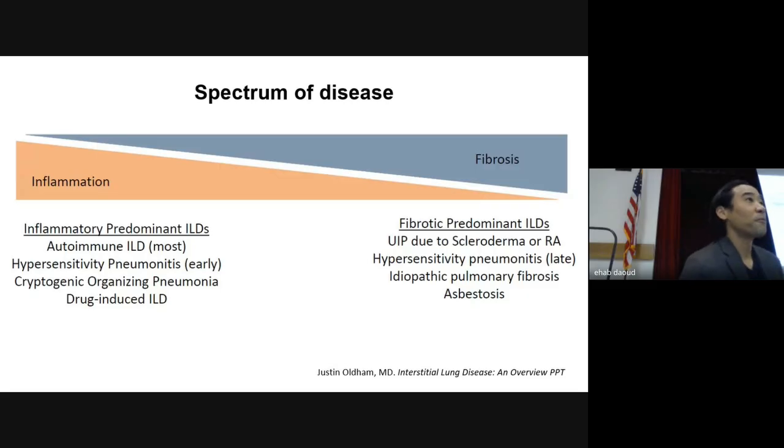For patients with predominantly pulmonary fibrosis, though, to date, we don't have a cure. We have some therapies that can slow down the decline in lung function, but nothing that can stop it or reverse it. So we have to be aggressive on the inflammatory end of things so that they don't progress to the fibrotic part, which is essentially lung scarring.